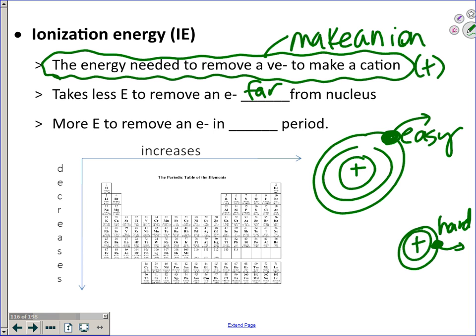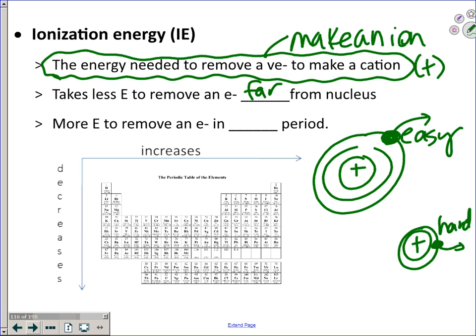So basically you guys are telling me that it is easy to take electrons from big or small atoms? Big or small atoms. It's easier to take from big atoms, okay?